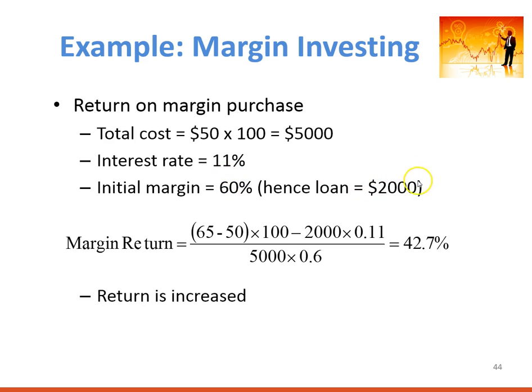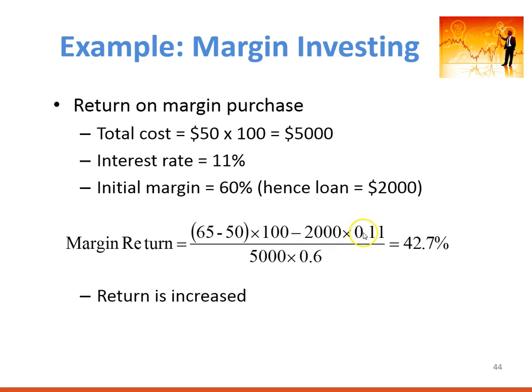Hence, the broker is willing to lend you $2,000. What happens in this particular case? Well, the investment portfolio still went from being worth $5,000 to $6,500, so we still made that $1,500 profit we made before. However, at the end of the year, we have to pay back our interest. We borrowed $2,000 at 11% interest.